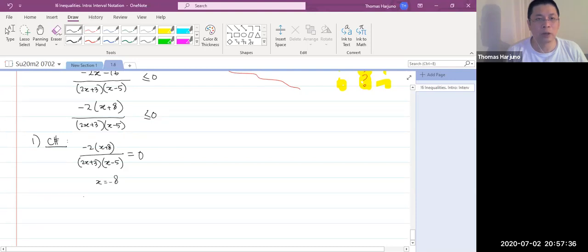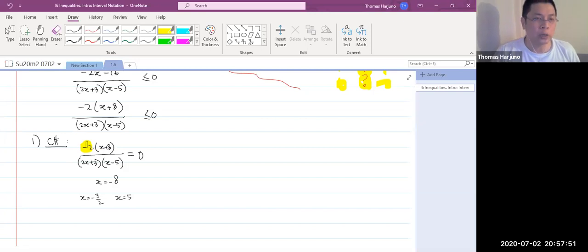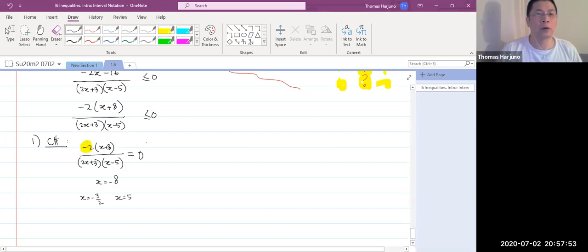On the denominator, the critical numbers are negative 3/2 and 5. Now, how about this negative 2? Negative 2 will always be negative for whatever x, right? So for that part, we can ignore it for the critical numbers. However, we need to account for that when we do the sign graph.